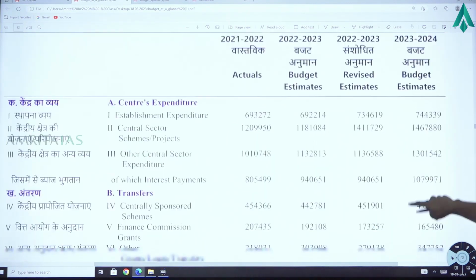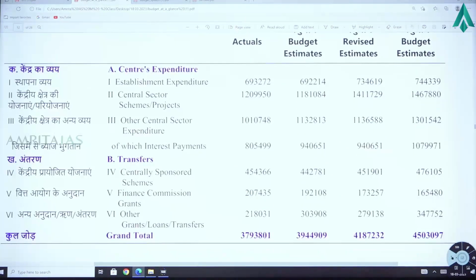Non-tax revenue. See, center's expenditure. Establishment expenditure means the existing establishments are there, you have to run them, salaries and all. How much is it? 7,44,000.